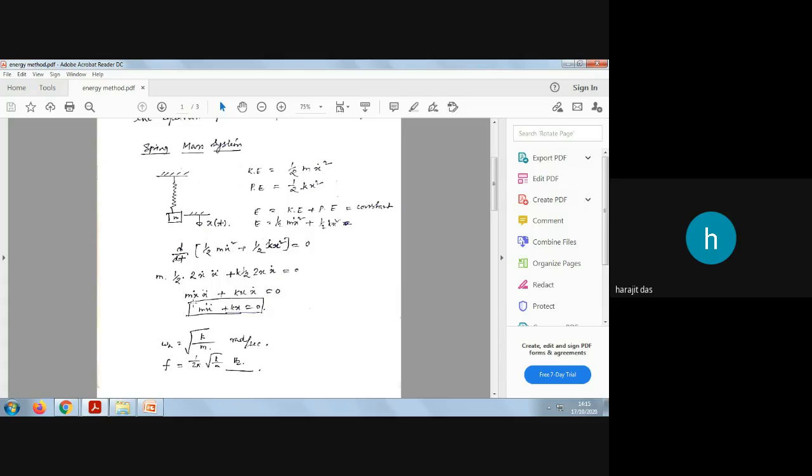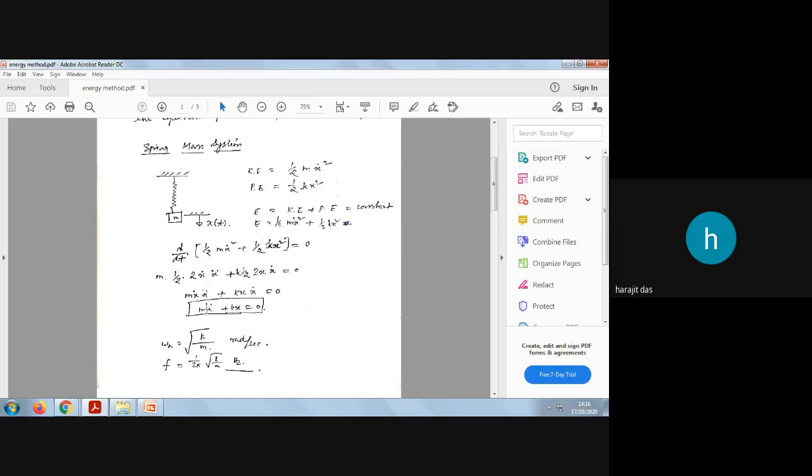As x dot cannot be equal to 0, this term m x double dot plus k x will be equal to 0, because the system acquires some velocity when it is displaced. That is why x dot cannot be 0. So m x double dot plus k x equals 0.